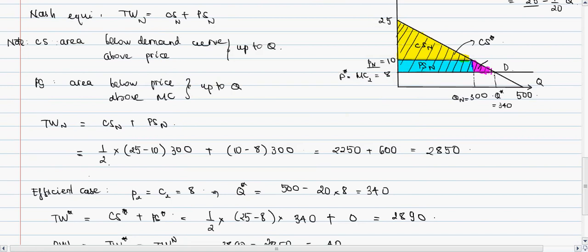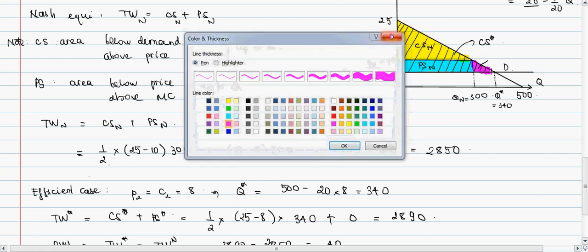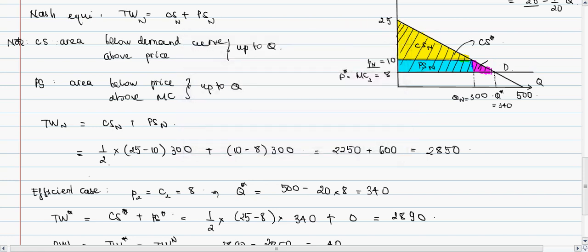I just want to use a smaller highlighter. Alright, so the pink area is the deadweight loss, and that is going to be equal to 40. Okay, so it's a very little triangle at the bottom, the deadweight loss.